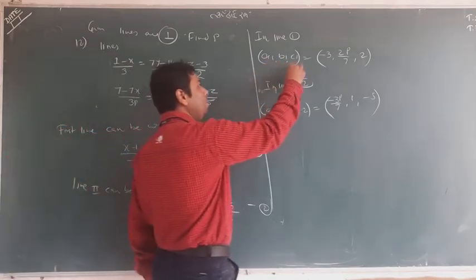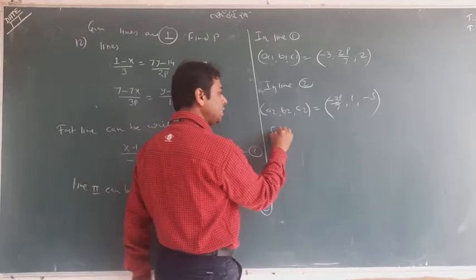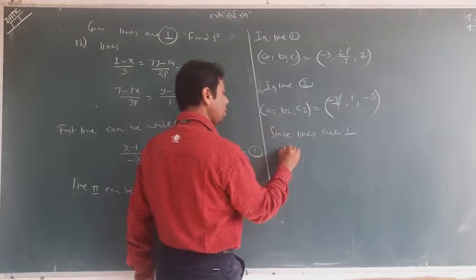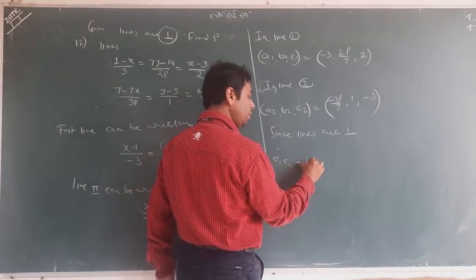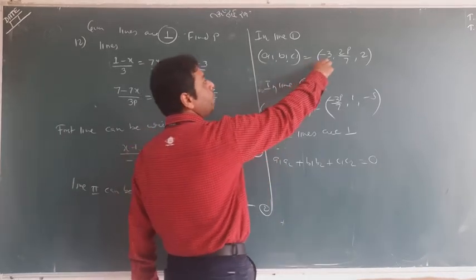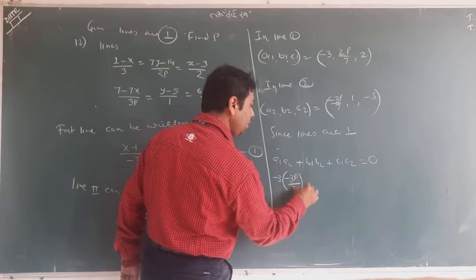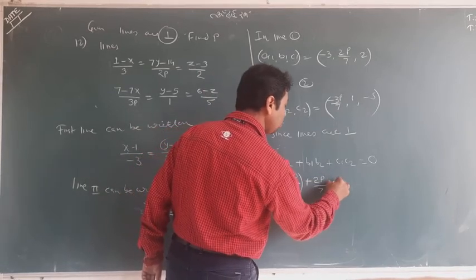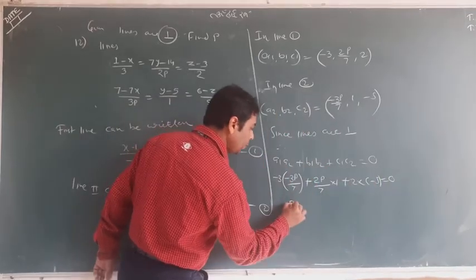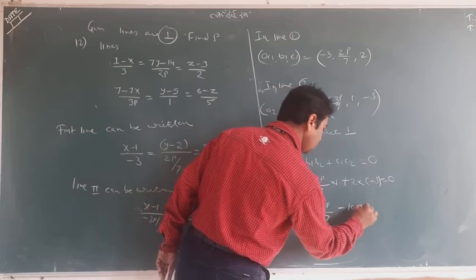So after finding a1, b1, c1, a2, b2, c2, we can apply the concept. Since the lines are perpendicular, a1a2 + b1b2 + c1c2 = 0.